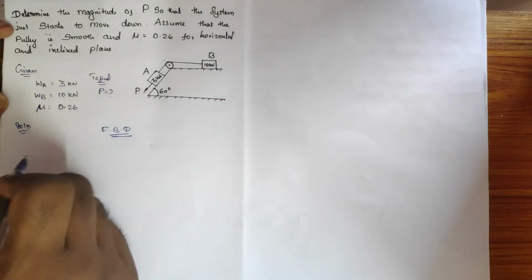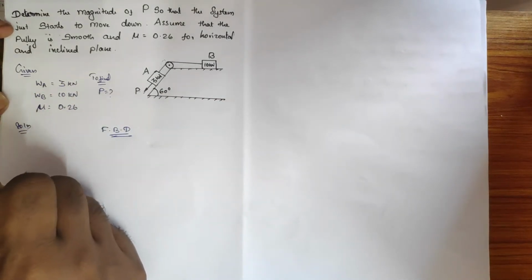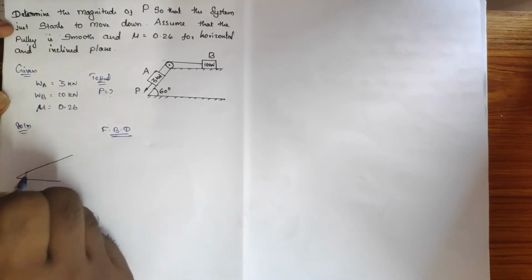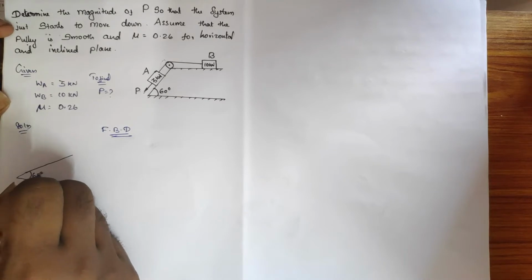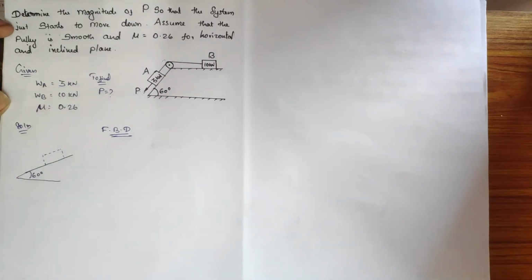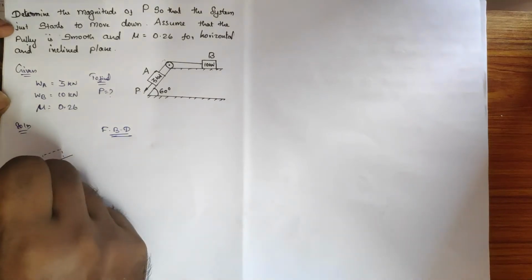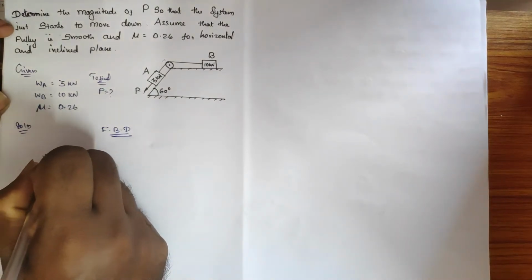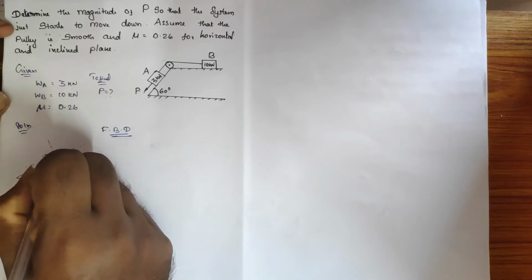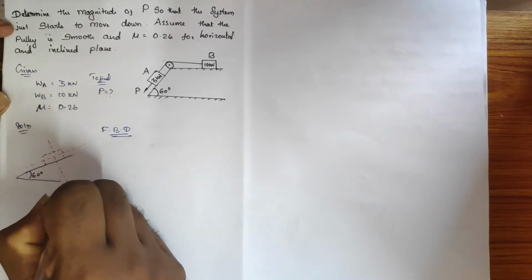If you consider block A, it is something like this, at 60 degrees, and here is the block, and if I take the axis with respect to it, just put a cross line. So this is how the axis is.